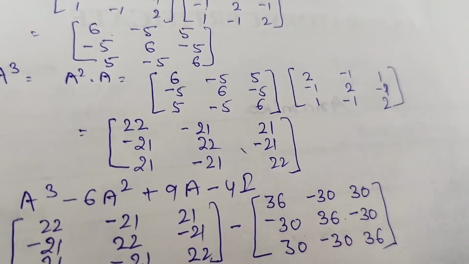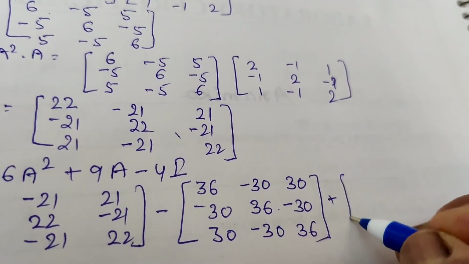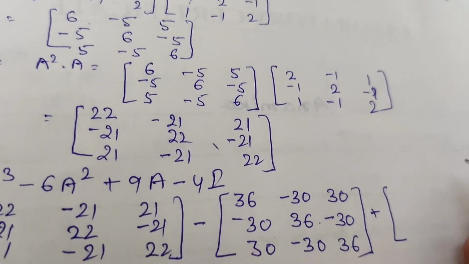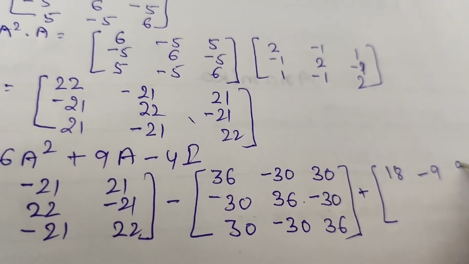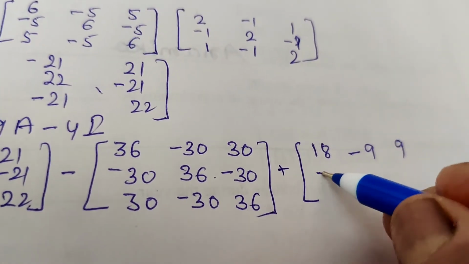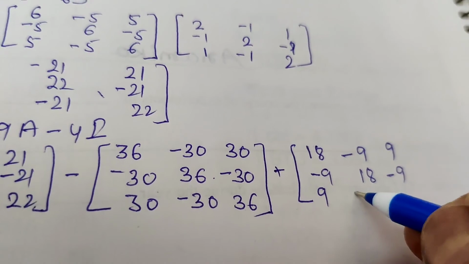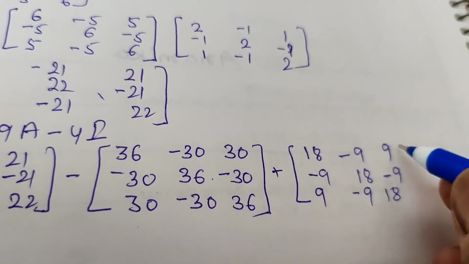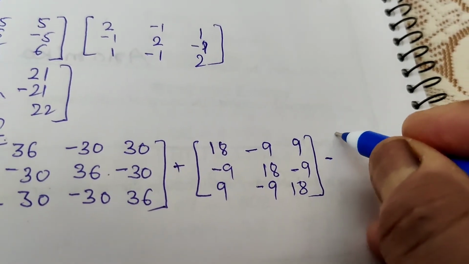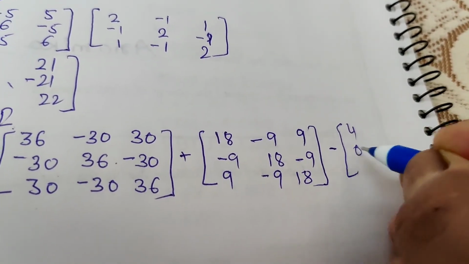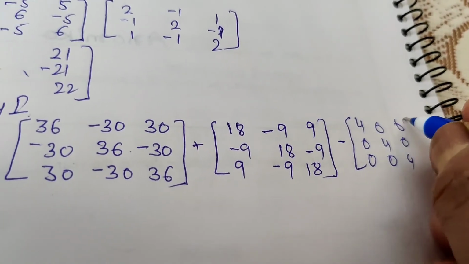Again 9A: 9 multiplied in each element of A. 9 twos are 18, minus 9, 9, minus 9, 18, minus 9, 9, minus 9 and 18. And last minus 4I. Minus 4I means 4 0 0, 0 4 0, 0 0 4.